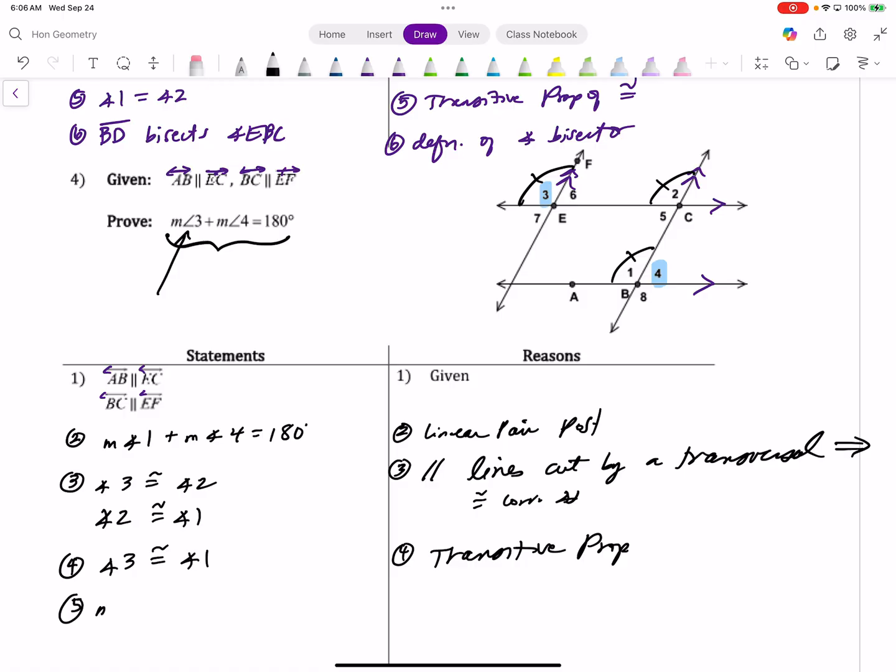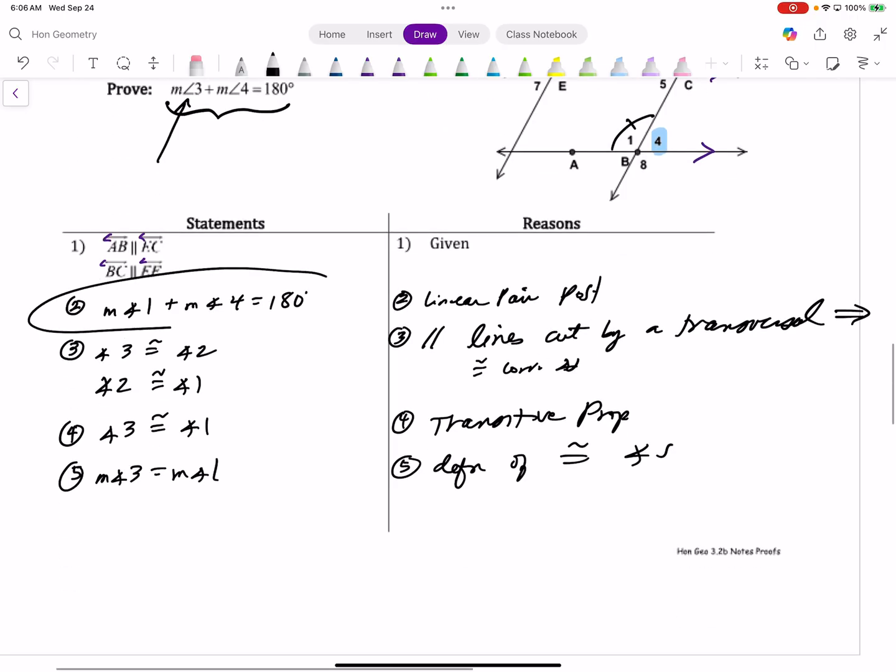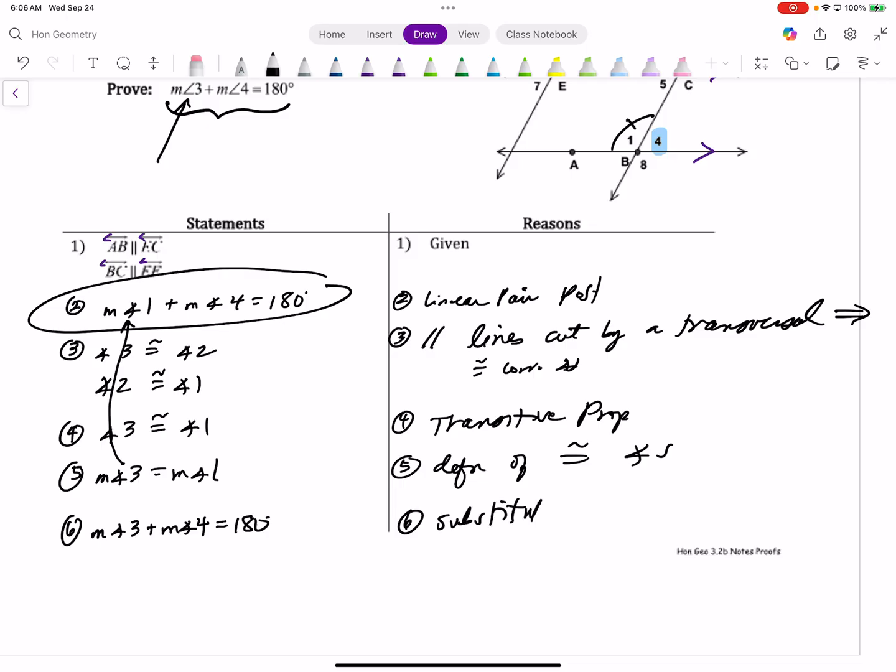And then the measure of angle 3 equals the measure of angle 1, because that's the definition of congruent angles. Then I can go back up to here, plug in the measure of angle 3 where the measure of angle 1 is, with a substitution, and I've got it. And then we double check, was that the exact order? Yes, so I don't need to change anything around.